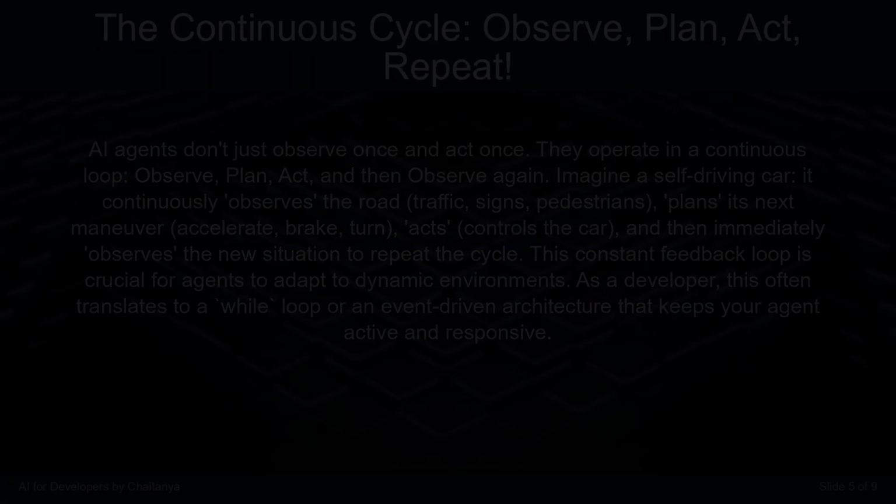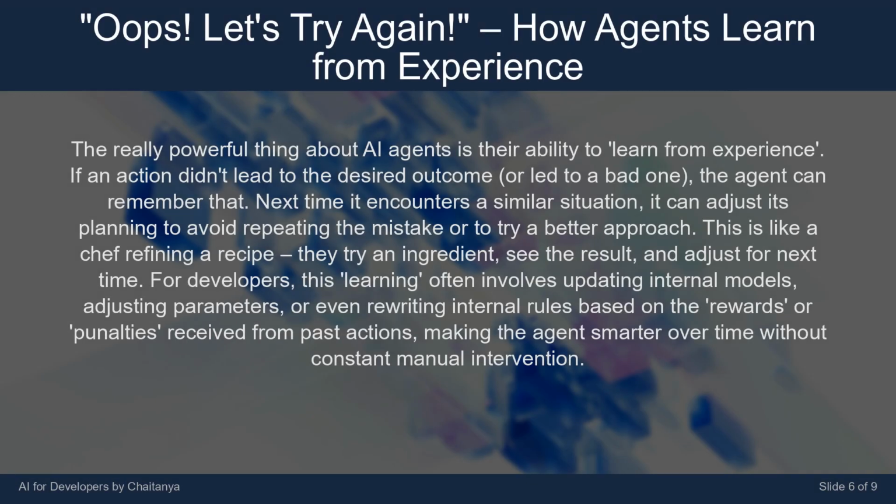The really powerful thing about AI agents is their ability to learn from experience. If an action didn't lead to the desired outcome, or led to a bad one, the agent can remember that. Next time it encounters a similar situation, it can adjust its planning to avoid repeating the mistake or to try a better approach. This is like a chef refining a recipe.